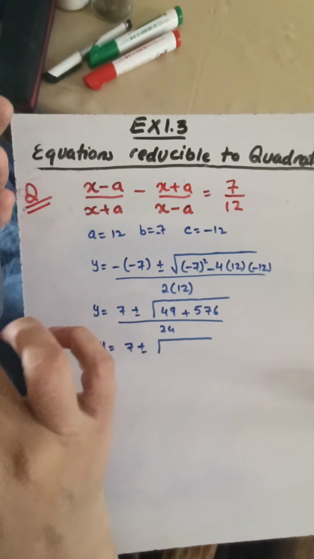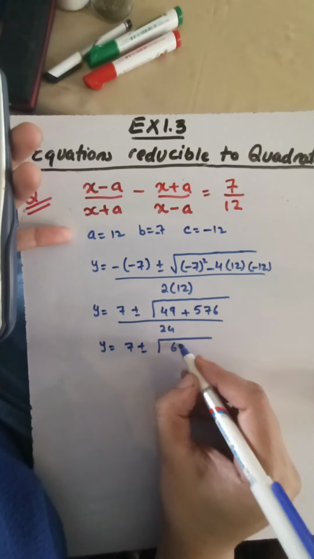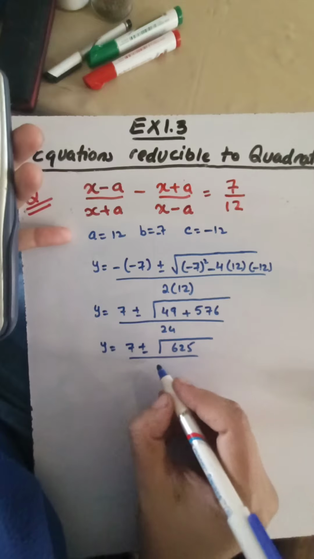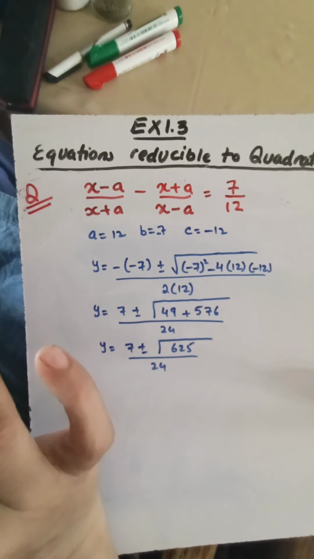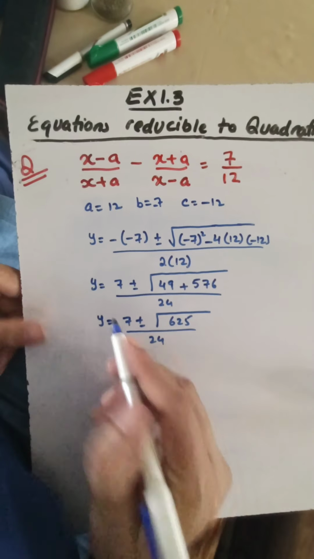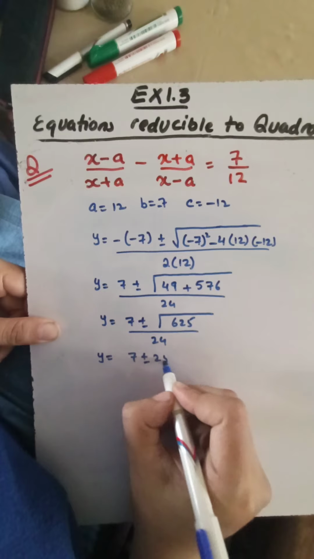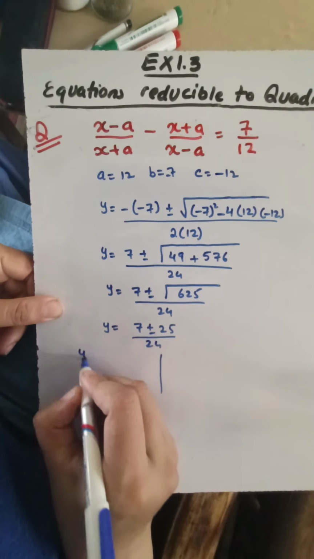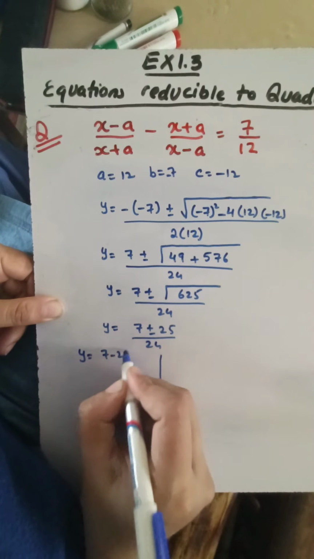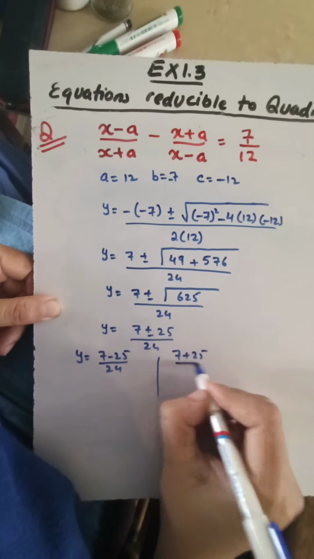Now adding these two, this will be 625. The square root of 625 is 25. So what we get here is 7 plus minus 25 over 24. It means that y is either 7 minus 25 by 24 or 7 plus 25 by 24.